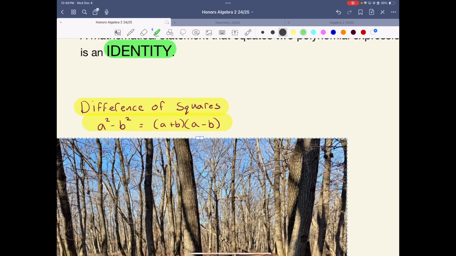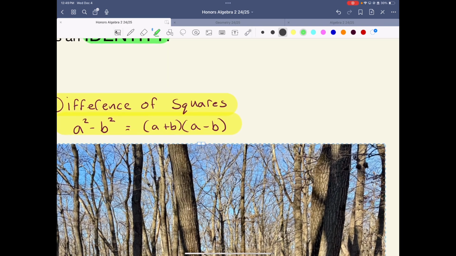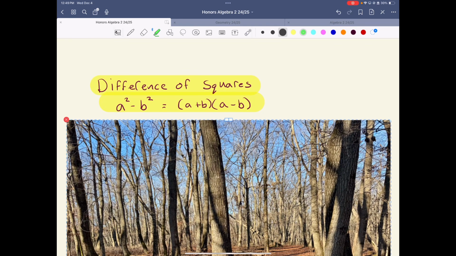Difference of squares simply says that a squared minus b squared is equal to a plus b times a minus b. It's just the shortcut way of factoring a squared minus b squared. Depending on what you have, you could use the x method to do this as well. Just keep in mind, where do the a and the b come from?